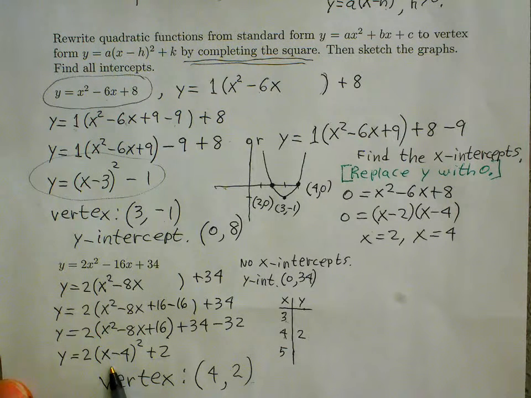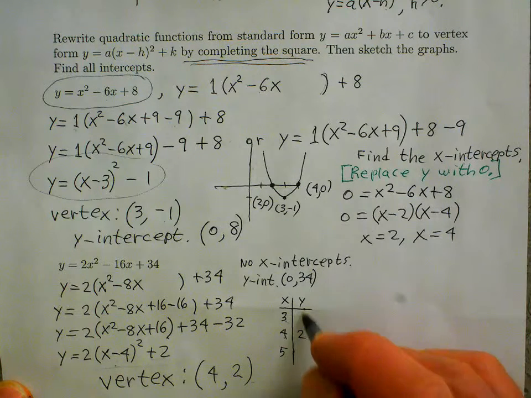It looks like the vertex form might be easier. So in the vertex form, replace x with 3. Inside the parentheses, 3 minus 4 is negative 1, but negative 1 squared is positive 1. 2 times 1 is 2. 2 plus 2 is 4.